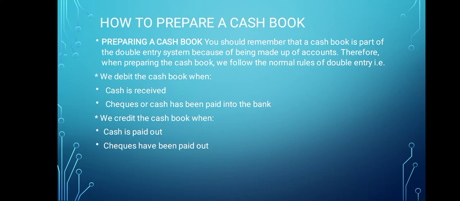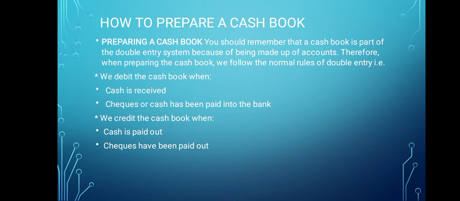Secondly, when preparing the cash book, we credit the cash book. We've talked of debit and we are now talking of credit. So when do you credit the cash book? You only credit the cash book when cash is paid out. Are we together?